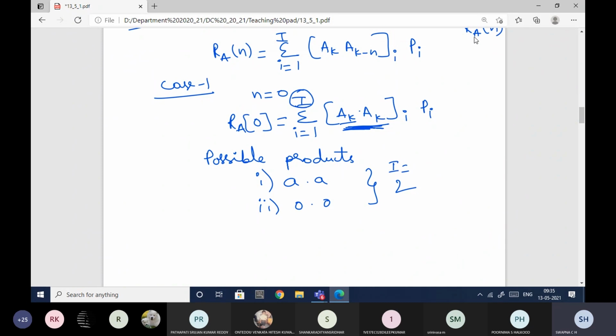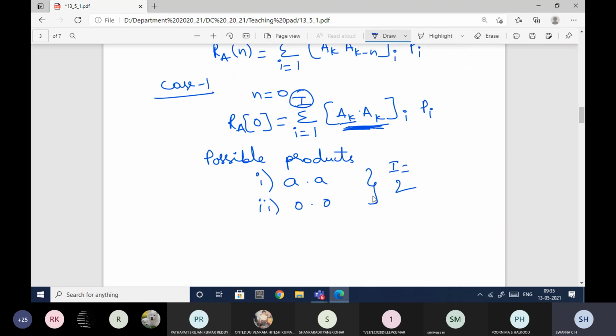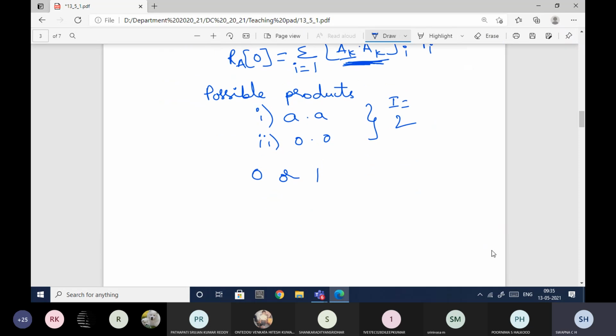In the same way, here I can get either a 0 or a 1, right? So what is the probability of getting a 0? I'll write AK is equal to 0. What is the probability of getting AK is equal to 0?